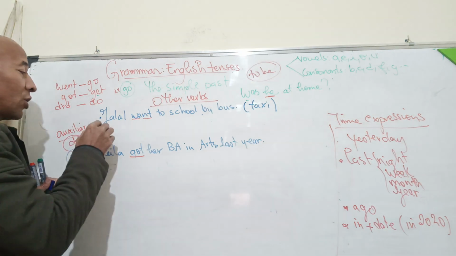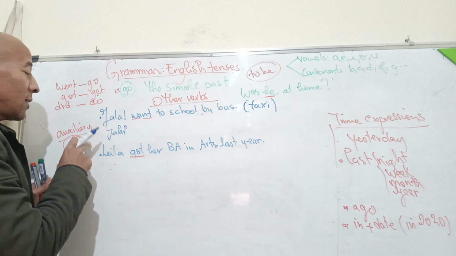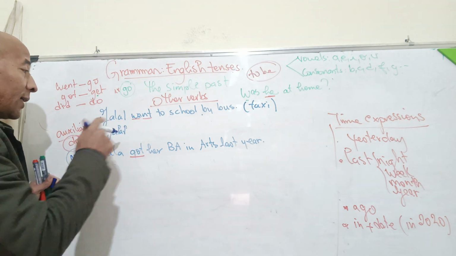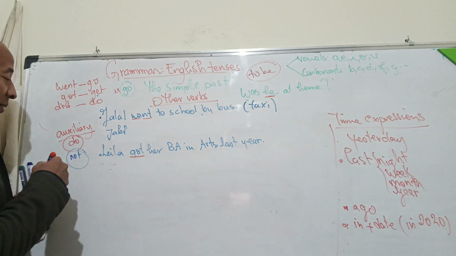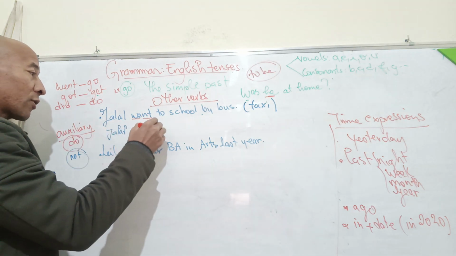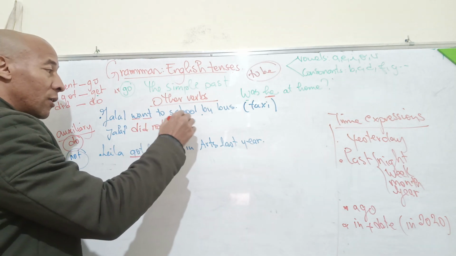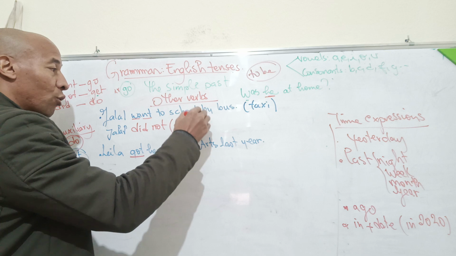So we'd say Jalal, simple past, right? Did, auxiliary, then plus not. Did not. Contraction, didn't, or short form.